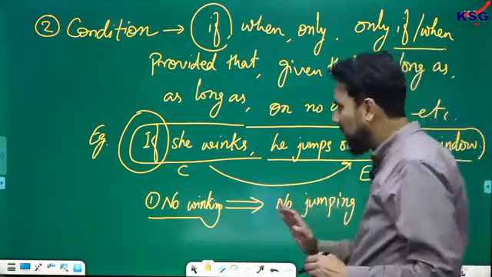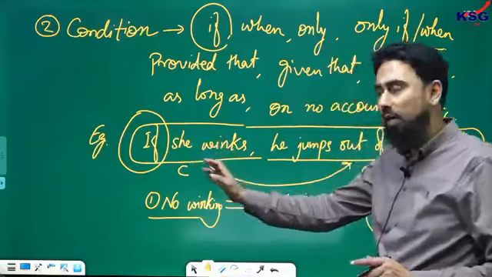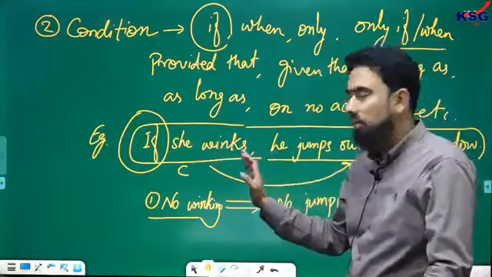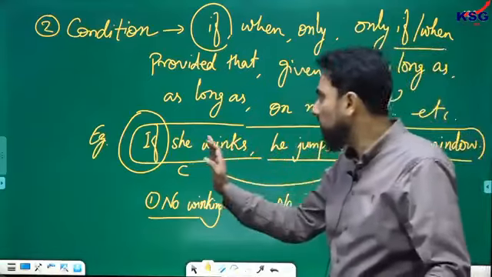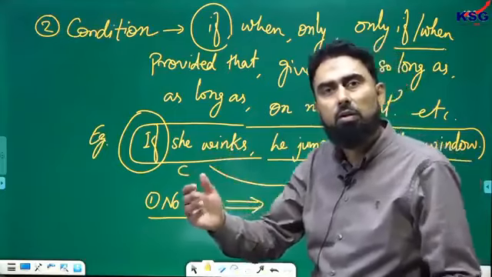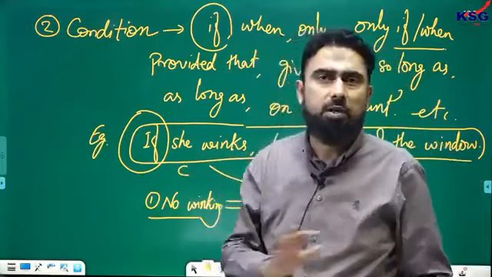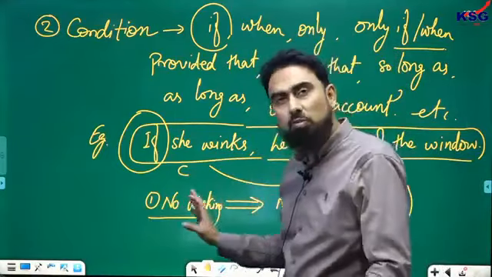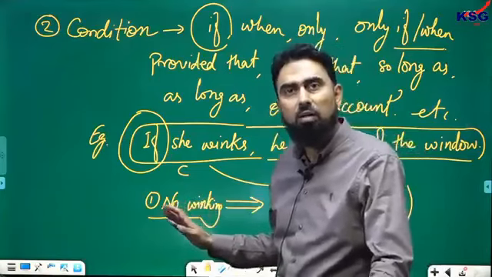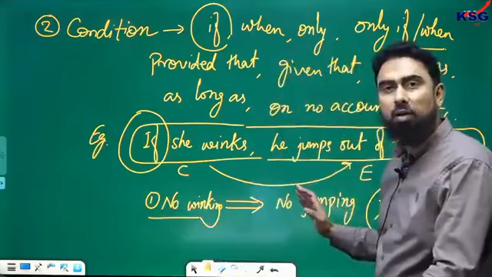So, how is it so? Let me analyze. If she winks, yes, he jumps out of the window. So the moment you are given information that she winked, we can conclude that he must have jumped as per the sentence. But the reverse of that, if there is no winking, how can we be sure that there is no jumping?